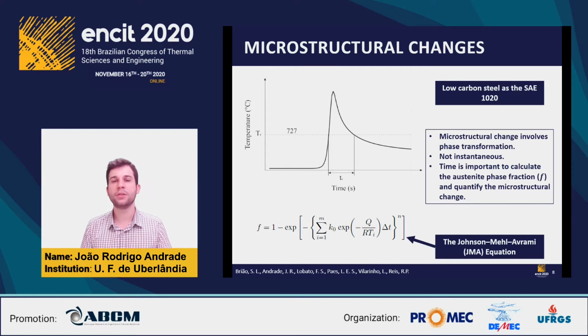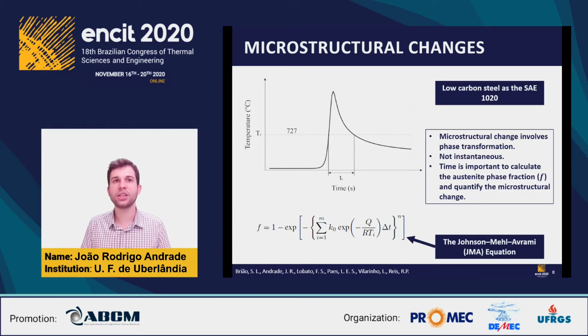Firstly, the temperature is 25 degrees Celsius. Then it begins to warm due to the approach of the welding heat source. Finally, it reaches its maximum peak and the temperature begins to fall.